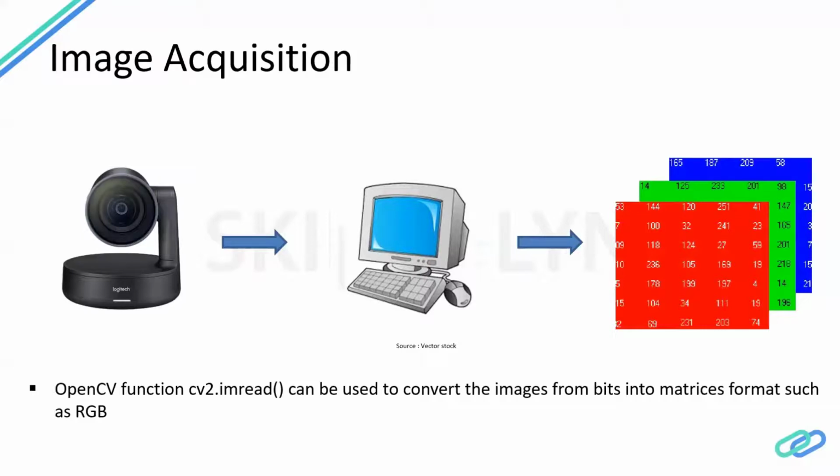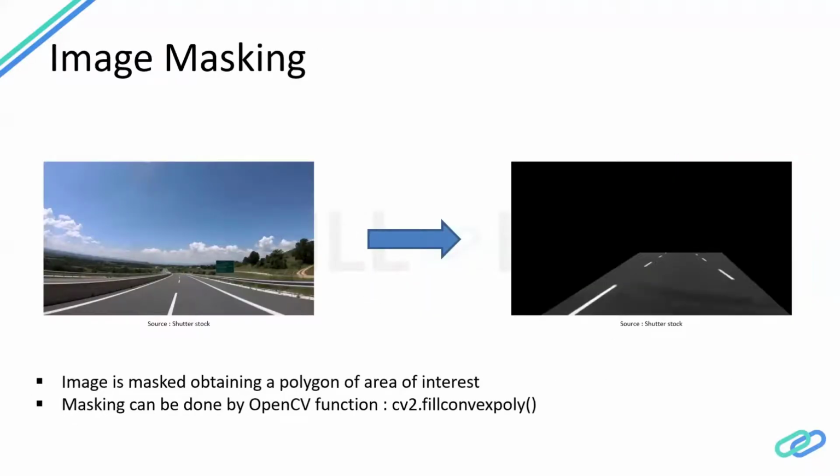OpenCV has a function called imread, which reads out the image, and you can specify in which format you want the image to be read. In this case, the image is being read in the BGR format, which is followed by OpenCV.